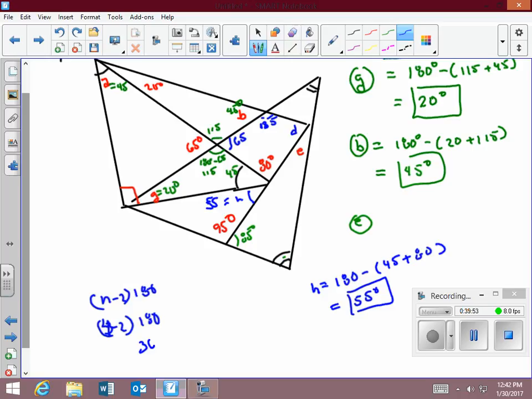That's 360. And then you'd subtract the sum of 65 plus 135 plus 80. Is that right? Yes. And it comes out to 80. So D was 80.